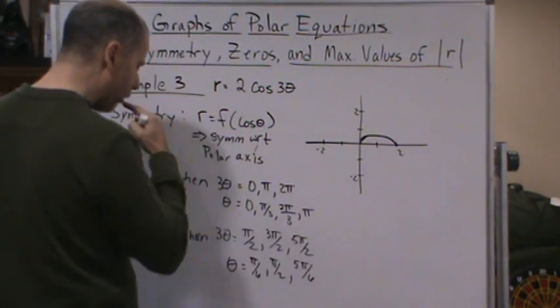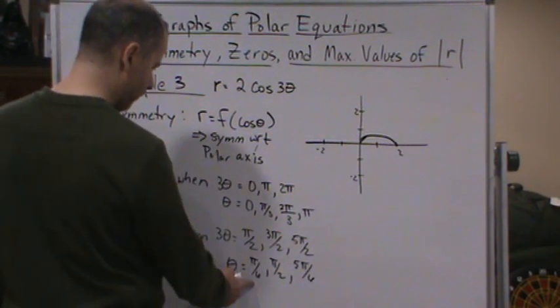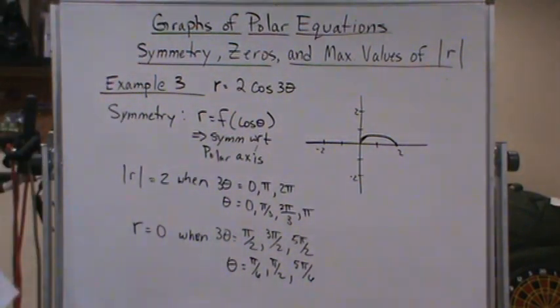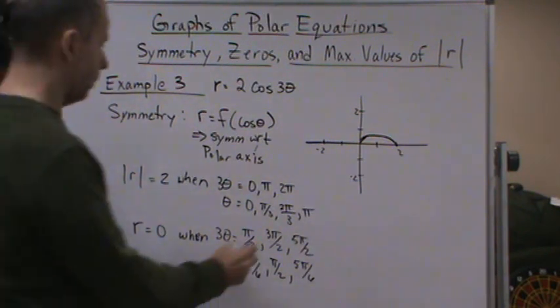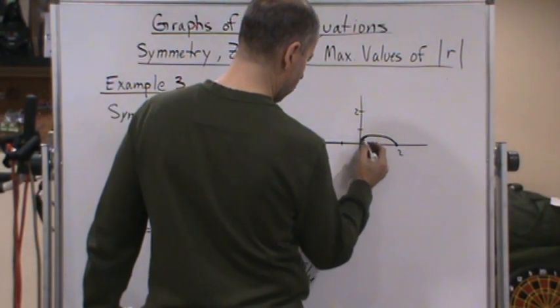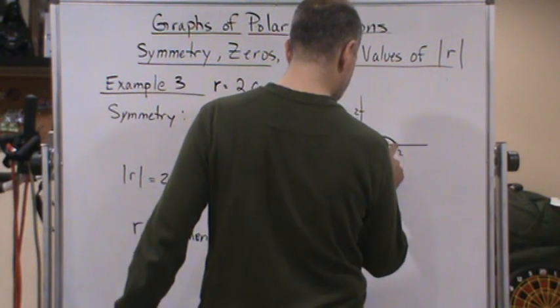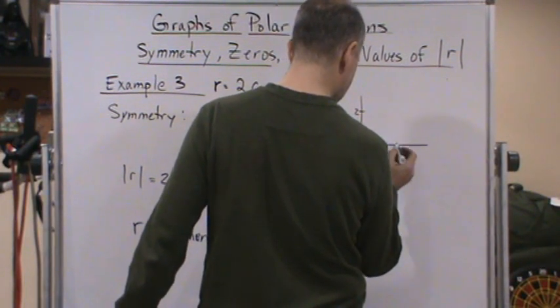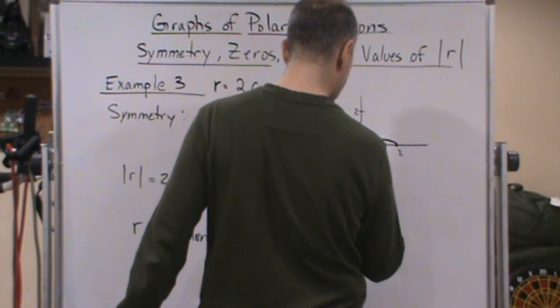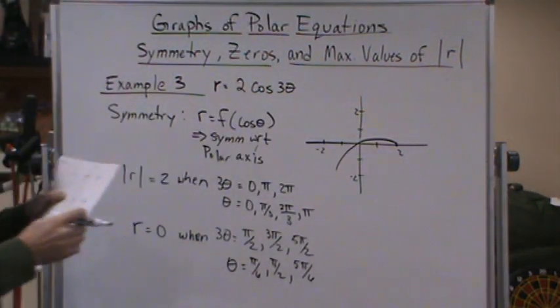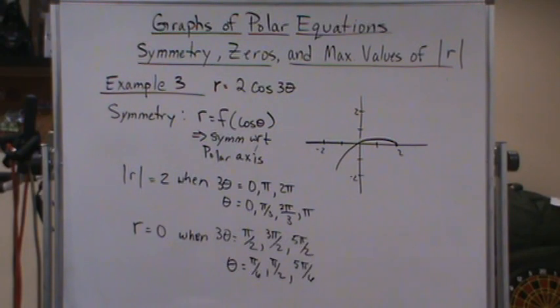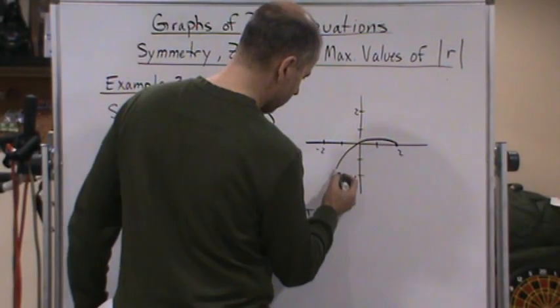Now if we go from pi over 6 to pi over 3, and then if we go to pi over 2, watch what happens.